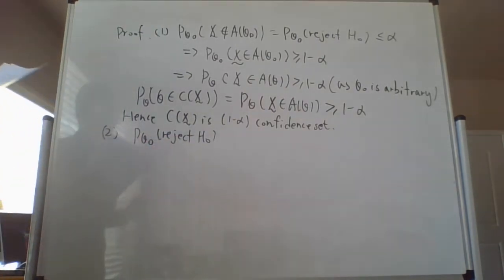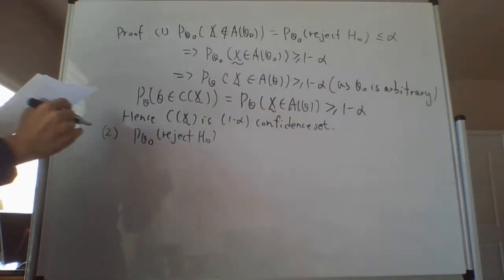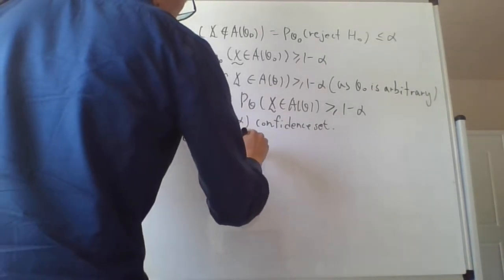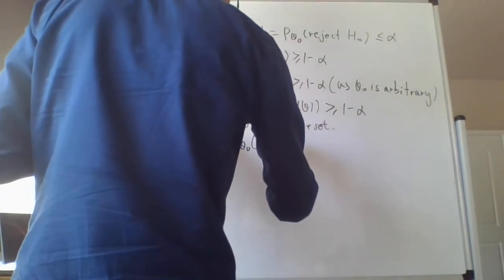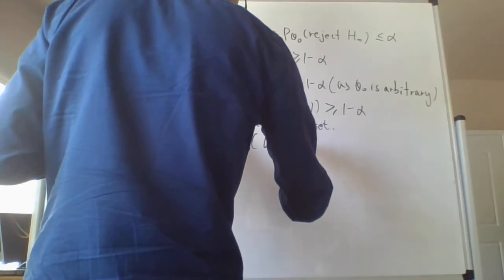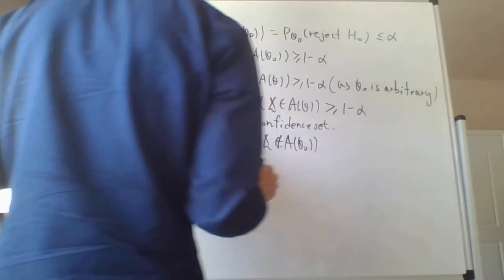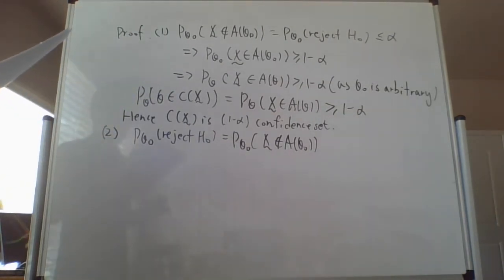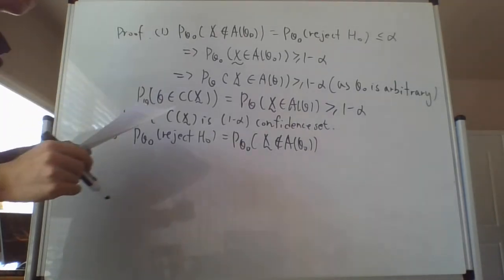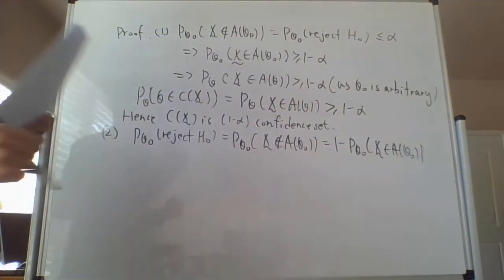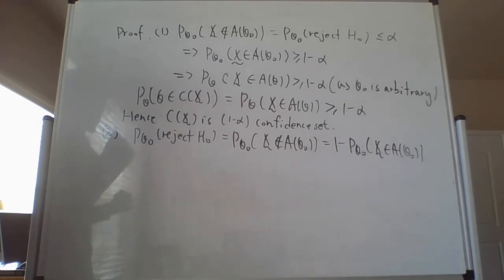For the other direction, the probability under theta 0 of rejecting H0 is the probability that X is not in the acceptance region. This is 1 minus the probability that X belongs to the acceptance region.